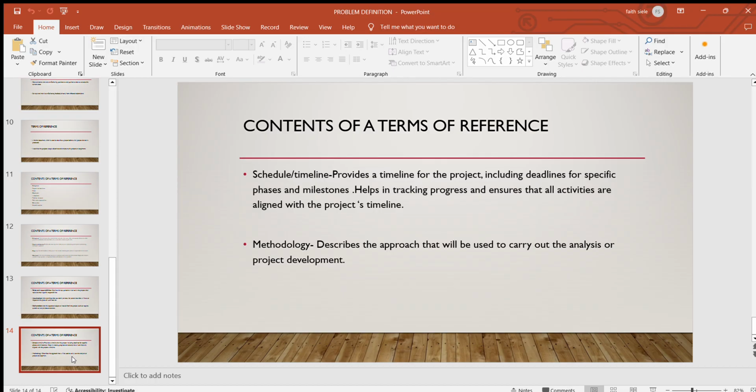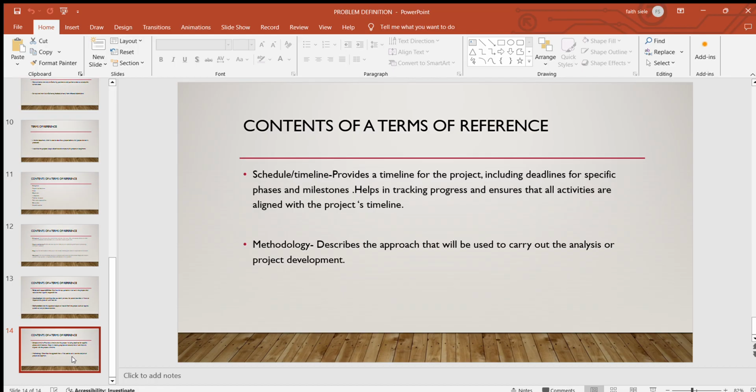From there, we've also looked at the common problem indicators, whereby we've mentioned performance gaps, which refers to when there is a noticeable difference between the expected and the actual performance. And then we also mentioned user complaints, which is when we receive negative feedback from users or even stakeholders, and this often indicates that there is a problem.